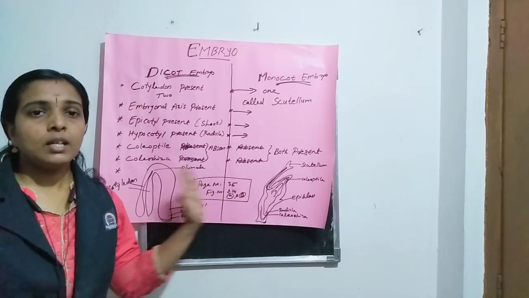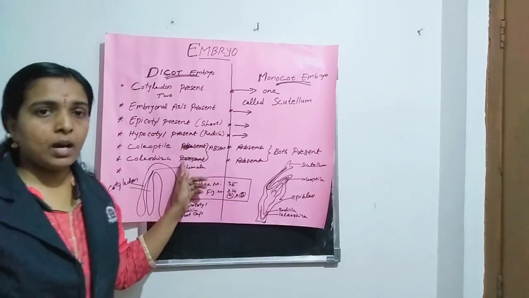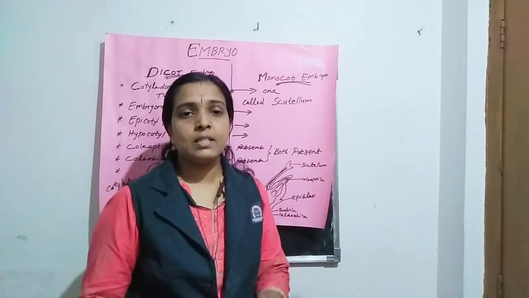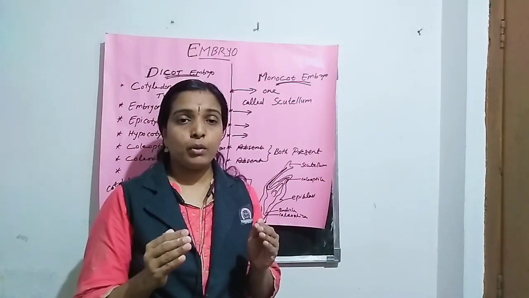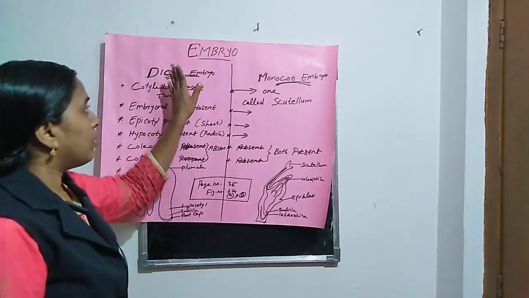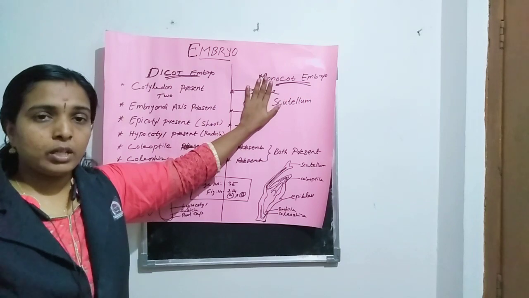The difference between dicot and monocot embryo. As usual in the class, you follow the same thing. Note down the difference in the table itself like this. One column for dicot embryo and another column for monocot embryo.